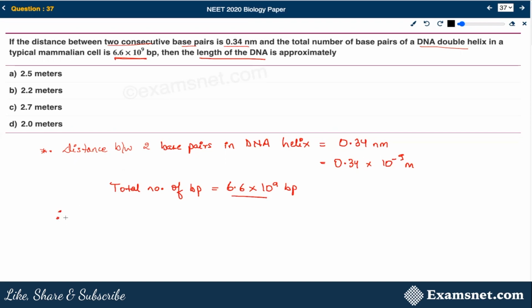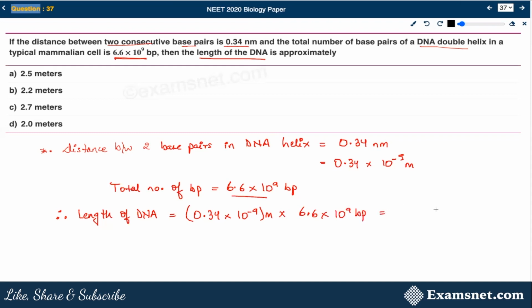So the length of DNA turns out to be 0.34 into 10 to the power minus 9, and this is in meters actually, into 6.6 into 10 to the power 9 base pairs.